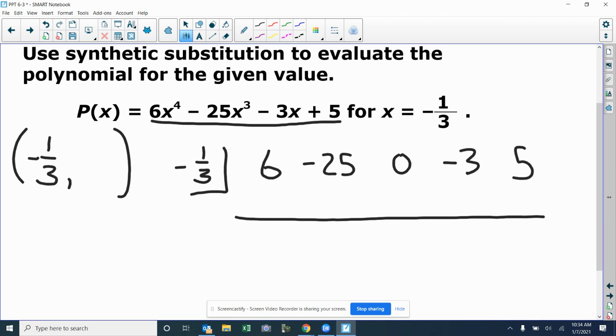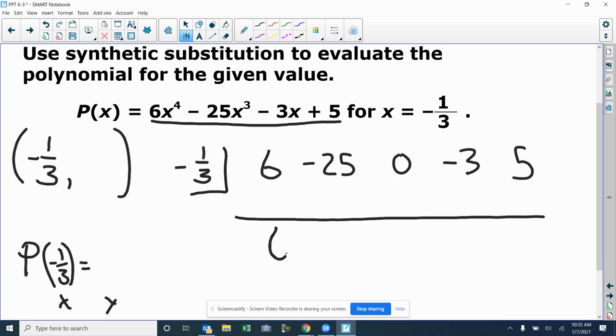Substitution, I'm just finding the y value for negative 1/3. In function notation, it would be p of negative 1/3. This is my x. What is my y?